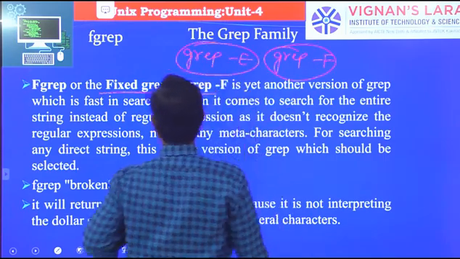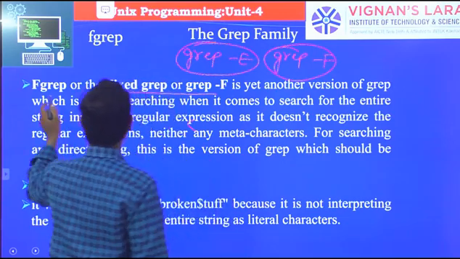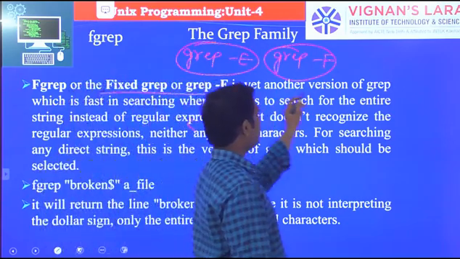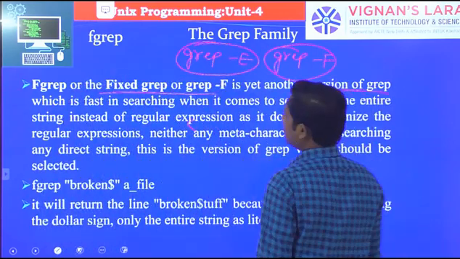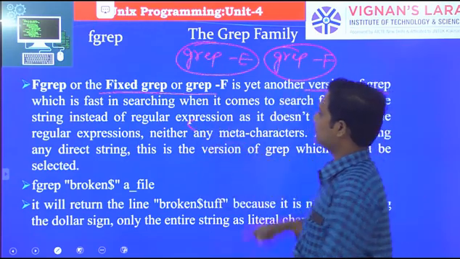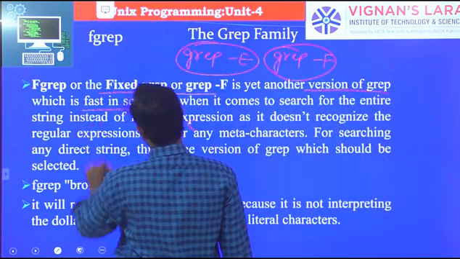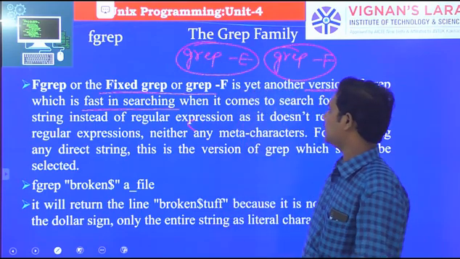Here fgrep, fixed grep, is a version of grep which is fast searching compared to other searches.